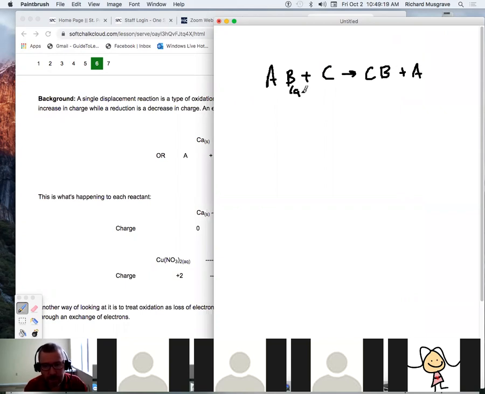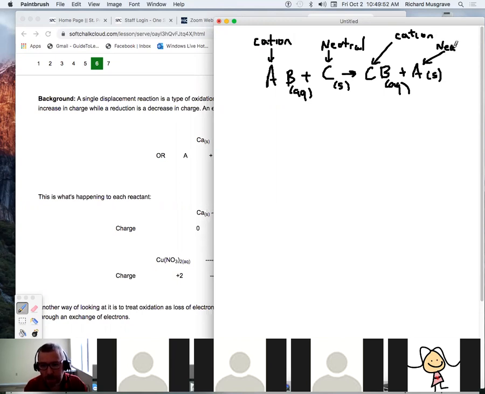So AB will be aqueous, C will be solid, CB will be aqueous, and A will be solid. And I often consider this to be neutral because it doesn't have a charge on it. And the A here is going to be a cation. So you'll notice that during the process, the C becomes the cation and the A becomes neutral.